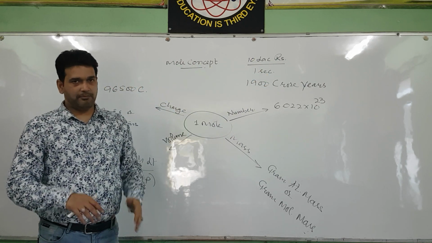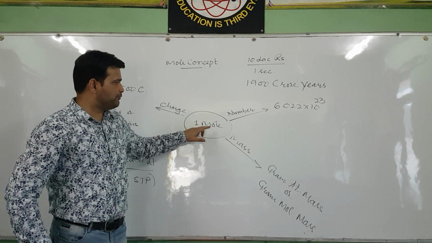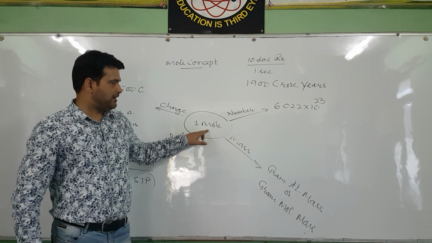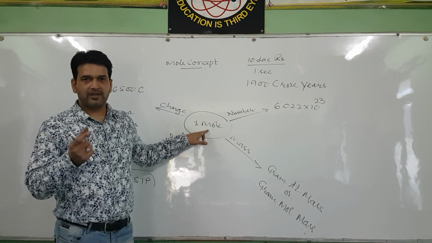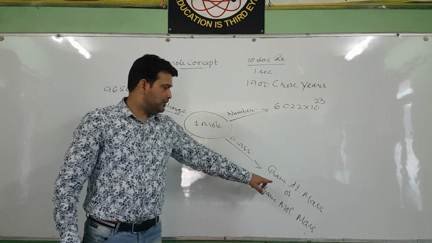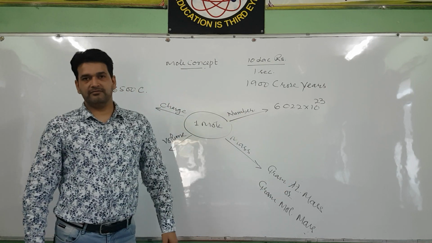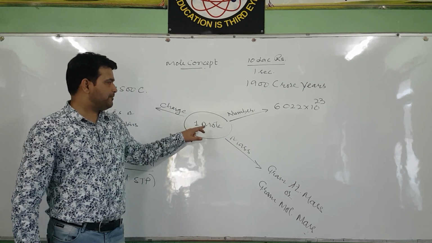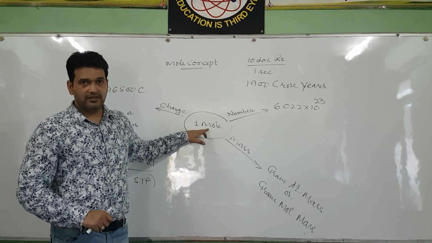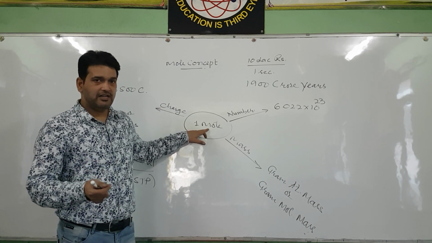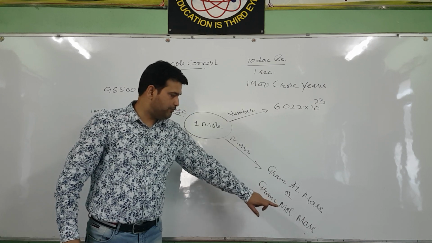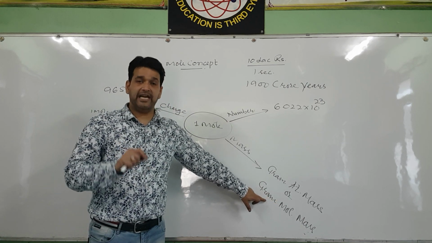So to count 1 mole directly would take 1900 crore years. But if we convert mole in terms of mass, for example, to have 1 mole of carbon atoms, I will take 12 gram carbon. If we want 1 mole of water molecules, we will not count them. We will take the gram molecular mass of water, 18 gram.